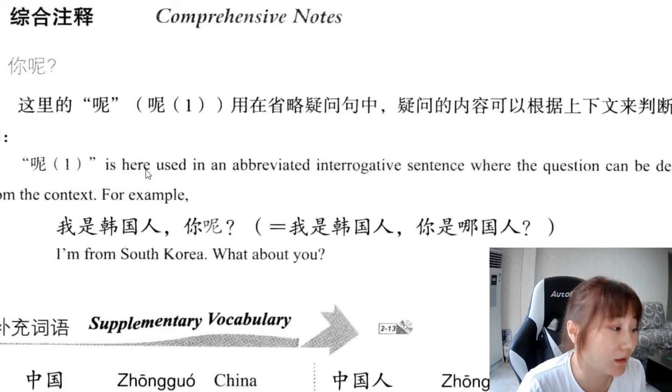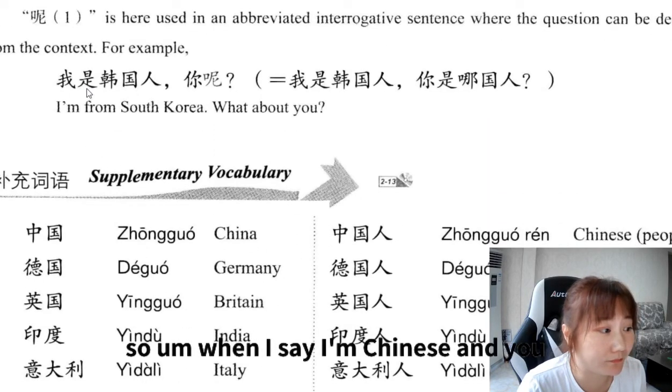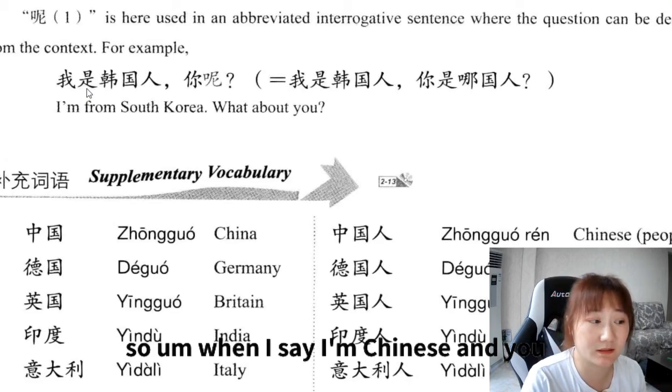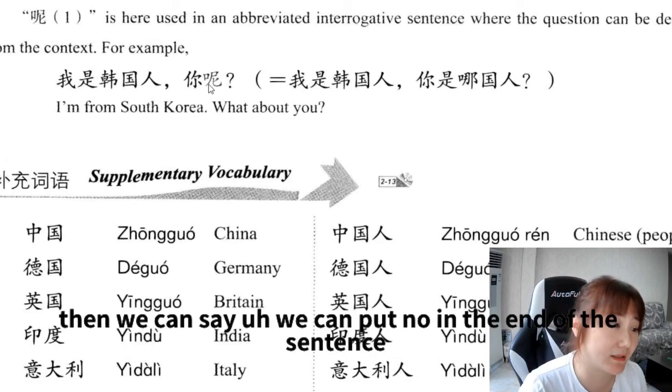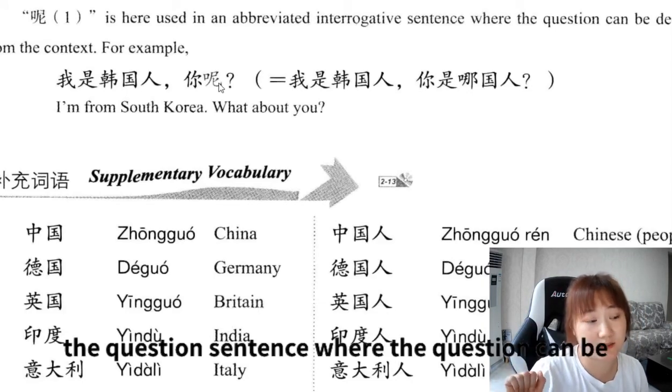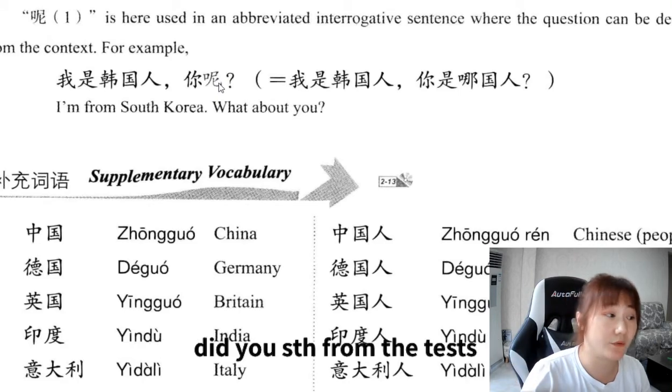For example, when I say I'm Chinese and you, then we can put 呢 at the end of the question sentence, where the question can be deduced from the text, right?